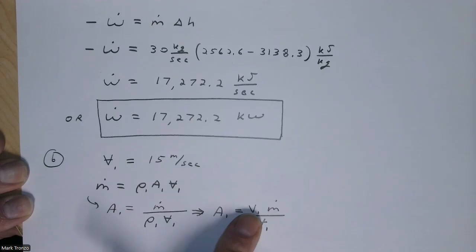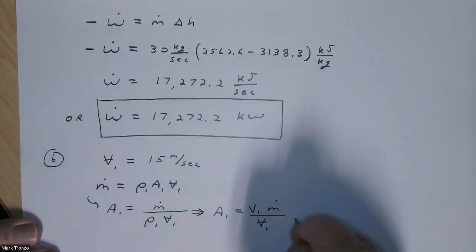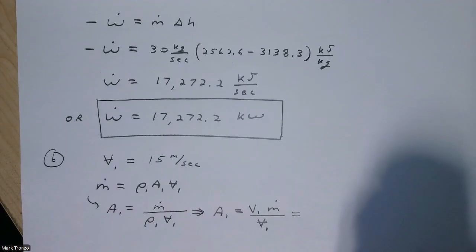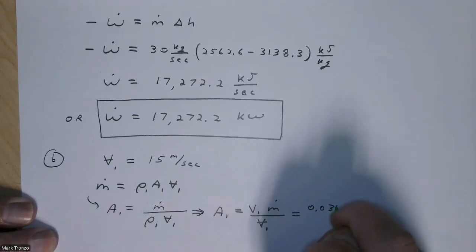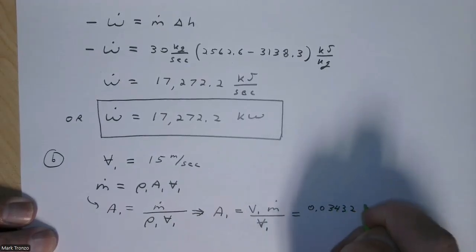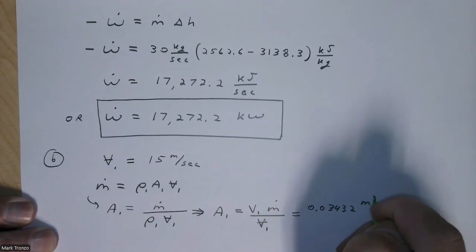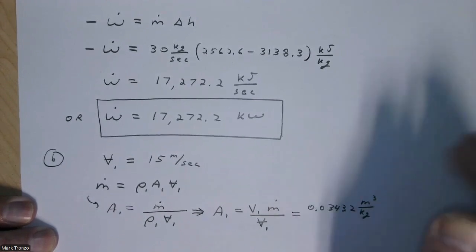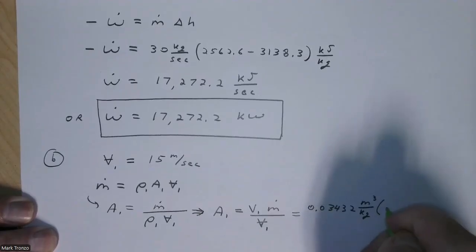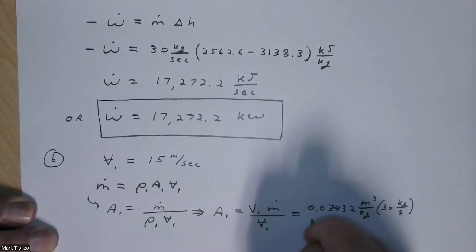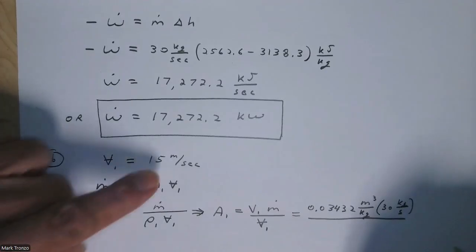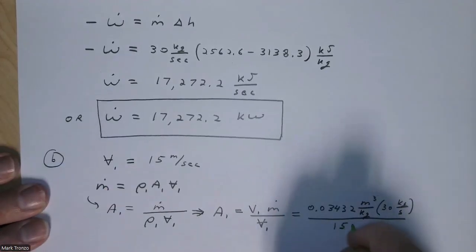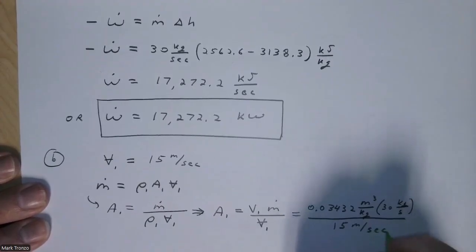Of course, the small v is the specific volume. So let's put those values in. Our specific volume is 0.03432 meters cubed per kilogram, and 30 kilograms per second, divided by the velocity we want to maintain, which is 15 meters per second.